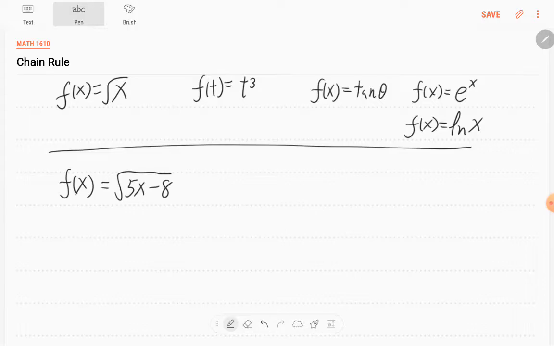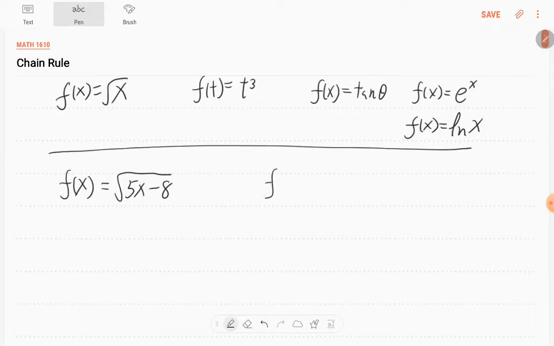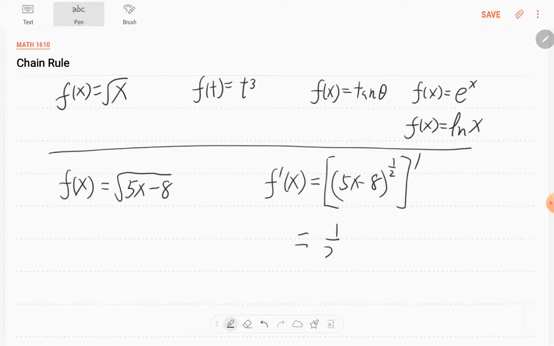Some students may think it's equal to the derivative of (5x minus 8) to the 1/2 power. We write it in power form, then take the derivative: 1/2 times (5x minus 8) to the power 1/2 minus 1, so this would be negative 1/2.